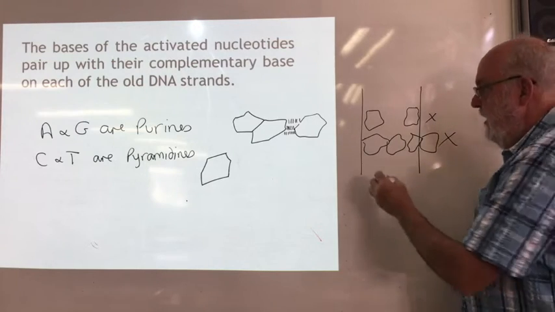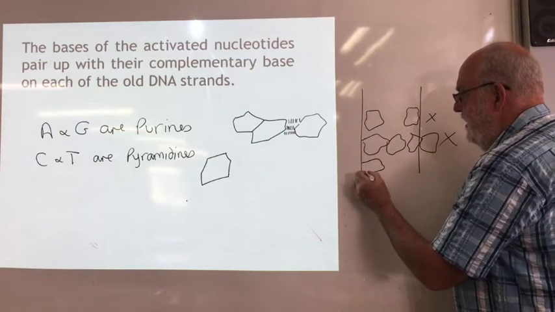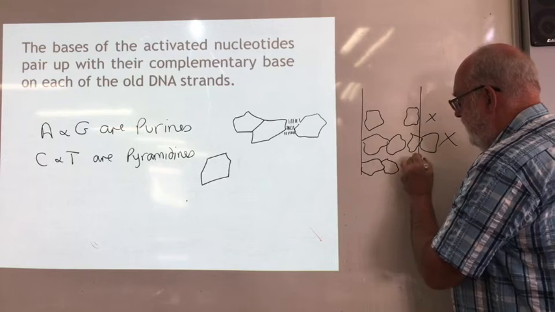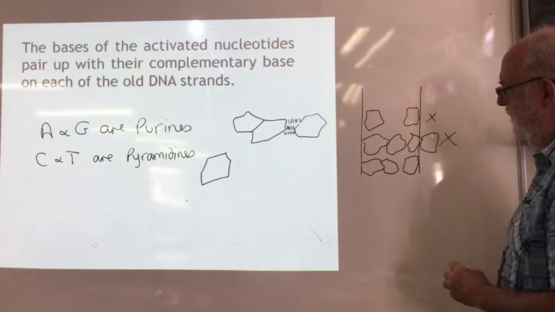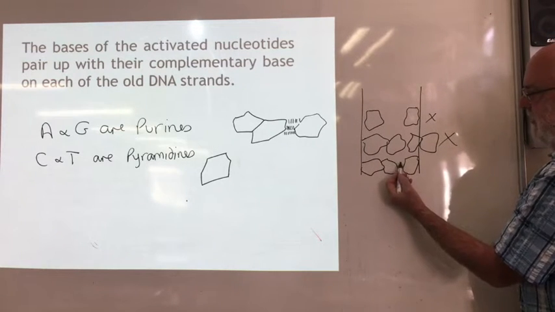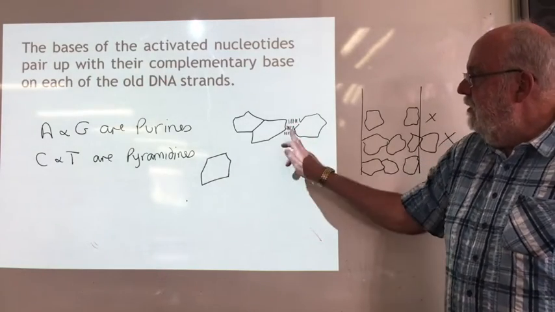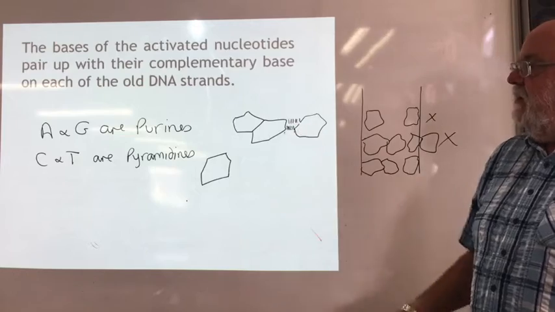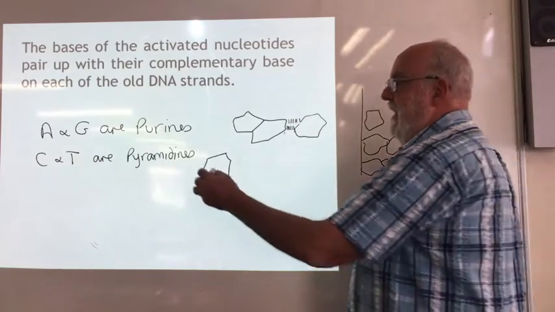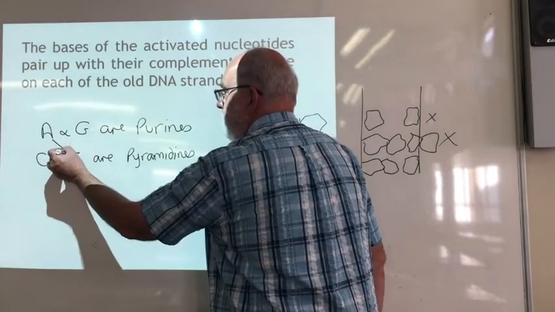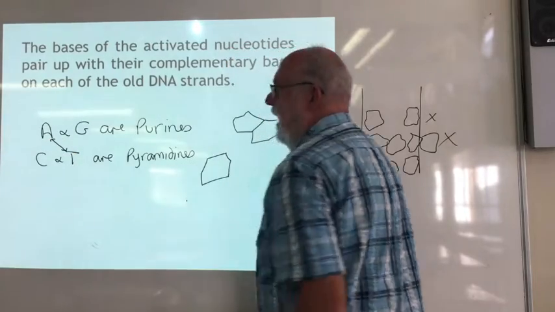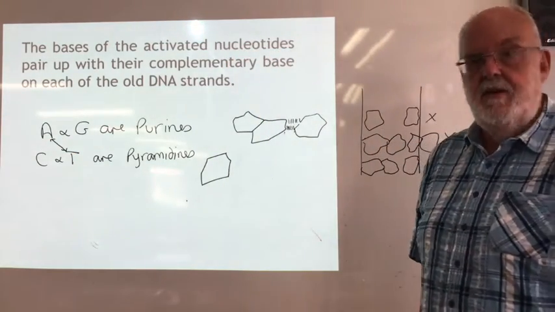So always you have to have a purine and a pyrimidine. And they join together with either two or three hydrogen bonds there or there. So you can only join adenine with thymine, and you can only join cytosine with guanine.